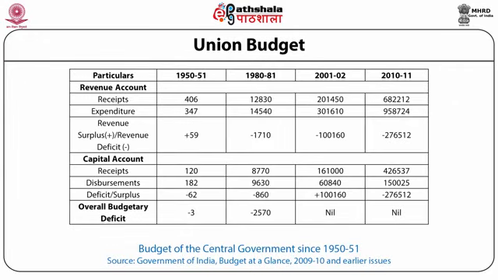From this table, we may notice that in the revenue account, the receipts increased from 406 crores in 1950-51 to 6,82,212 crores in 2010-2011, whereas the expenditure increased from 347 crores to 9,58,724 crores in 2010-11.